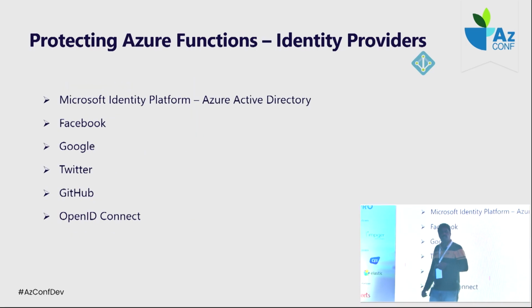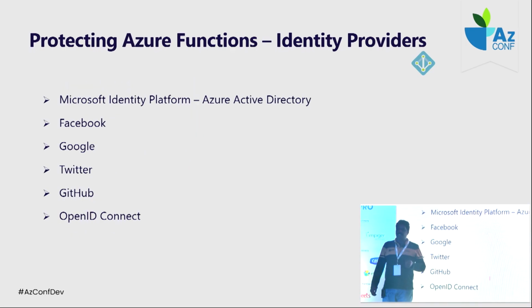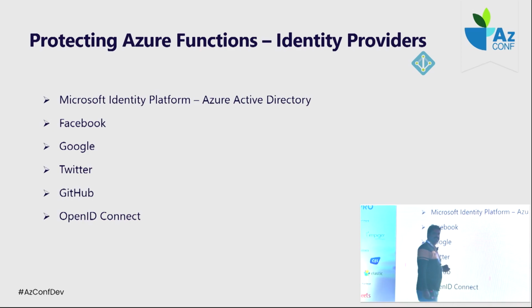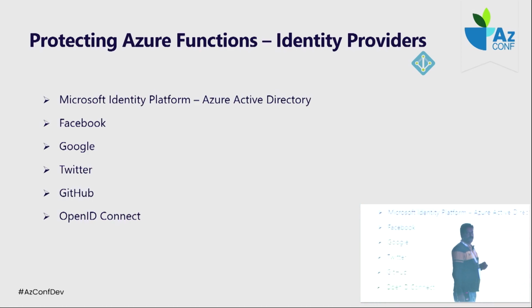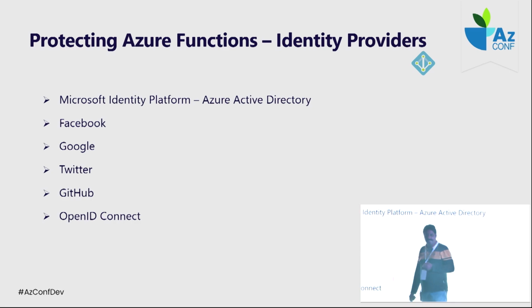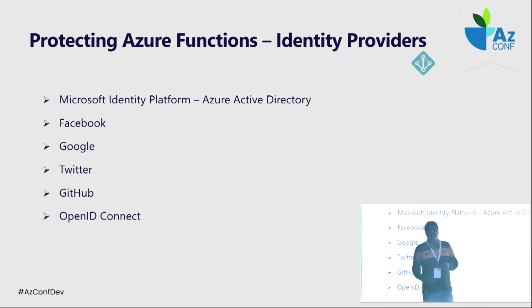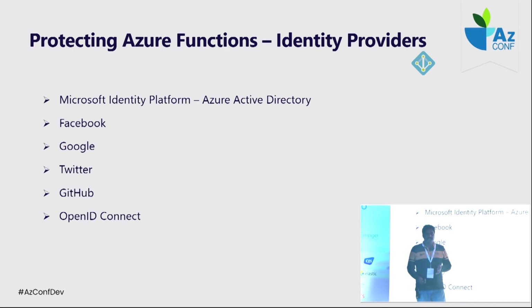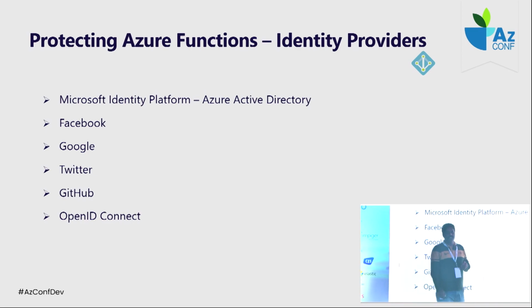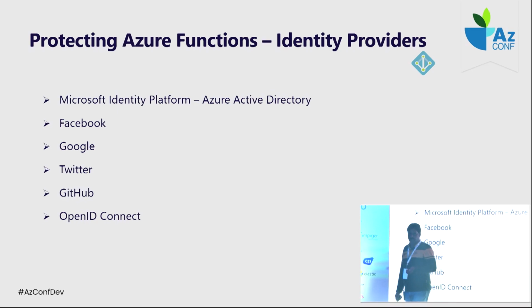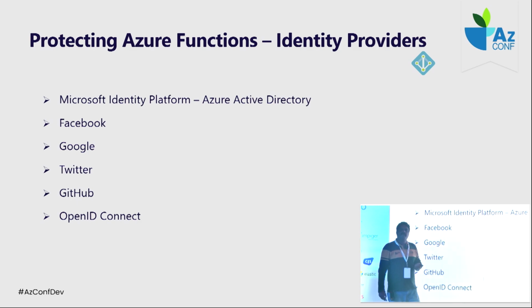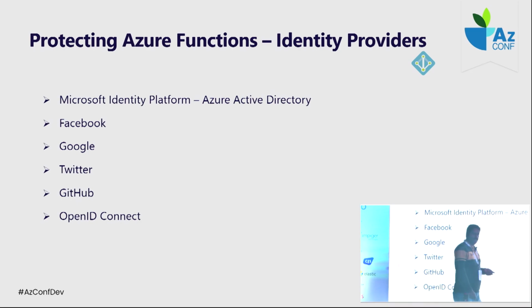Let's see about the identity providers. The identity providers are built on OIDC, OpenID Connect, which is used for communicating across different protocols. The very first one is the Microsoft Identity Platform, which is served by Azure AD. It is also called Easy Auth. That means you don't need to write a single line of code to implement the identity providers.